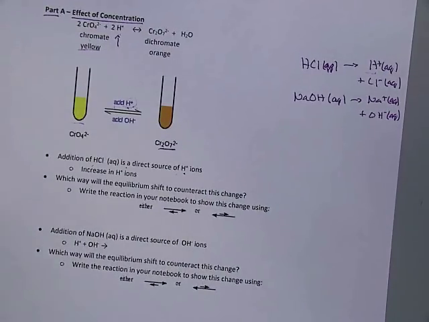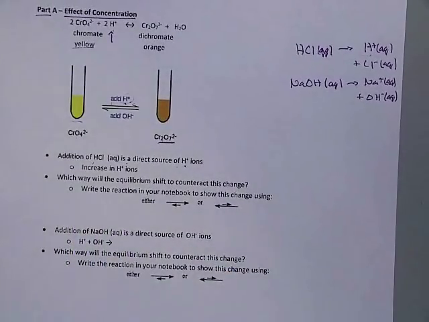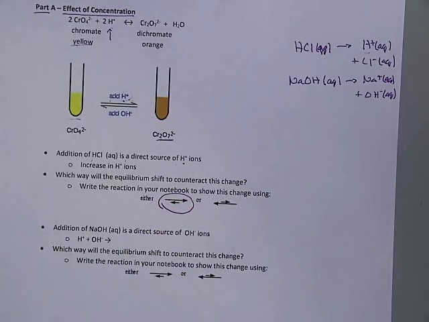So let me ask you a question. By increasing the amount of hydrogen ions, which way will the equilibrium shift to counteract this change? Take a second, think about it. You're absolutely right. It's going to shift towards producing more dichromate.